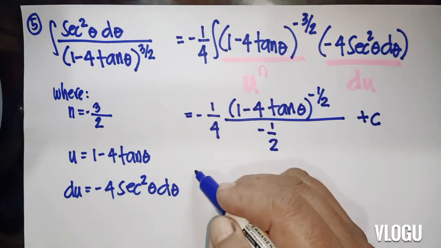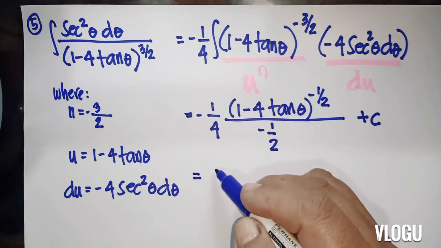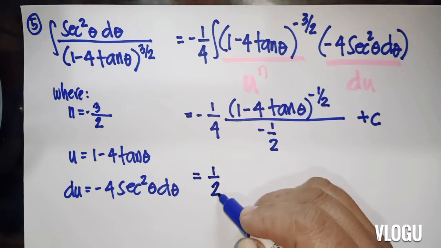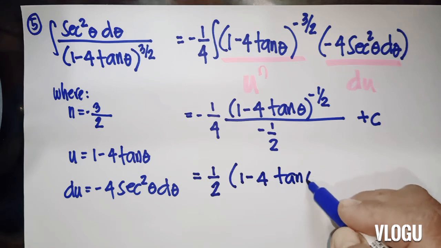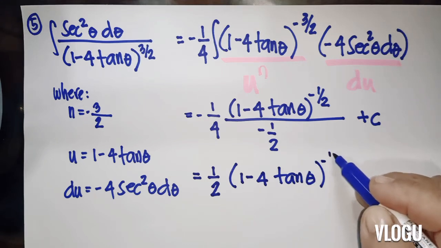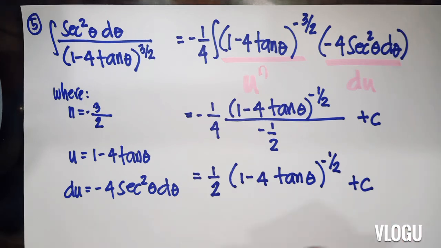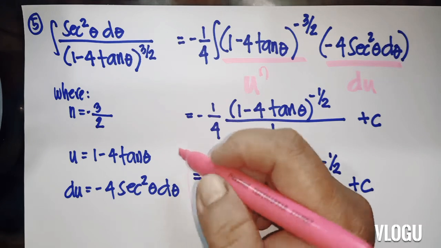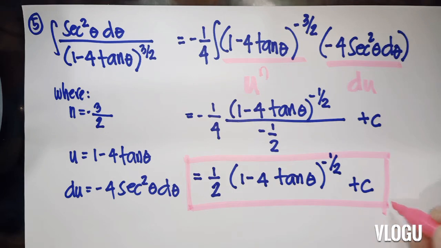So you will have positive 1/2, 1 minus 4 tangent theta to the negative 1/2 plus C. So that is now the final answer.